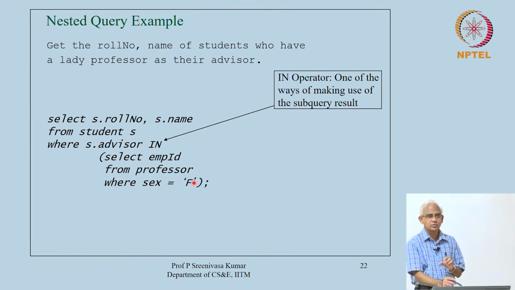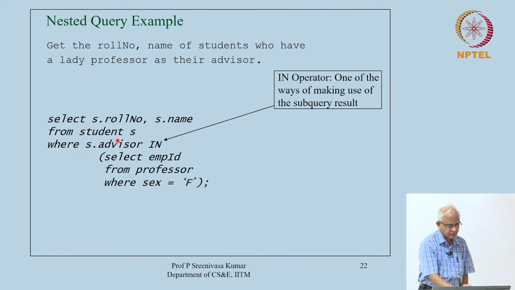SQL allows you to be a little bit type liberal. It says okay fine, we will ignore that type mismatch. The value here is S dot advisor, which is an employee ID. So, it is an atomic value, and now we are checking whether it is in this set. This set is actually a set of tuples, each tuple containing one value.